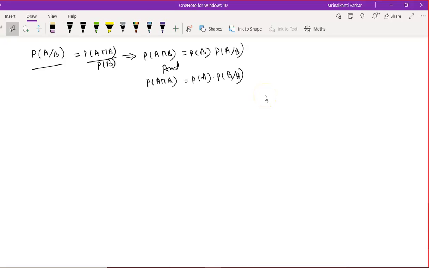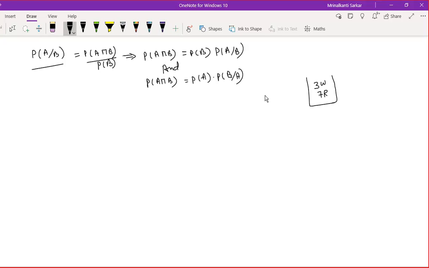Let us clarify this multiplication rule with one example. Suppose in this container there are 3 white and 7 red balls. 2 balls are drawn one by one without replacement. What is the probability that the first one is white and the second one is red?